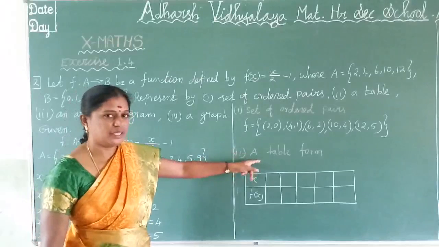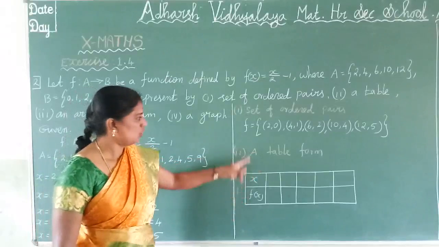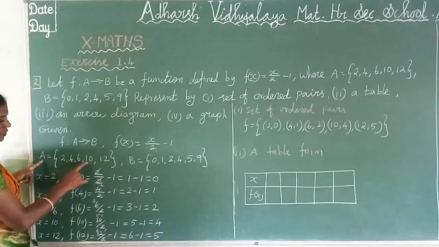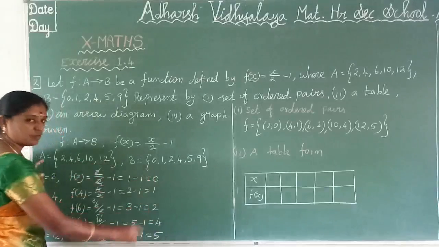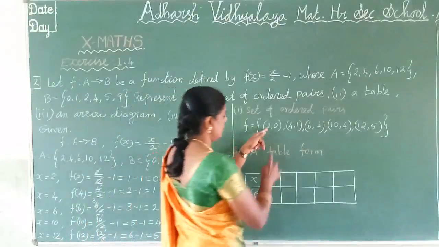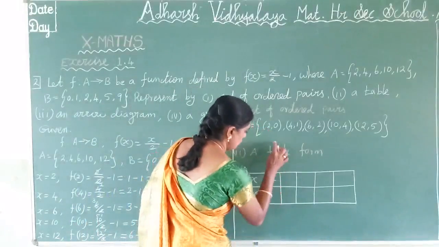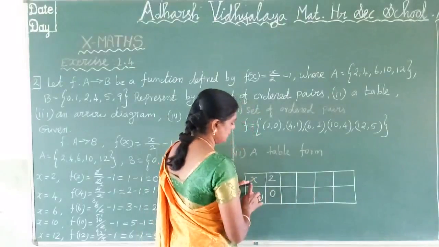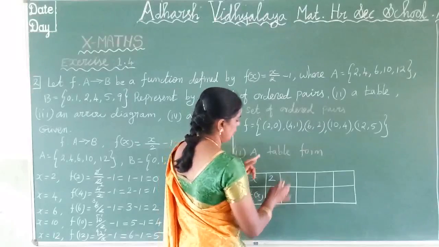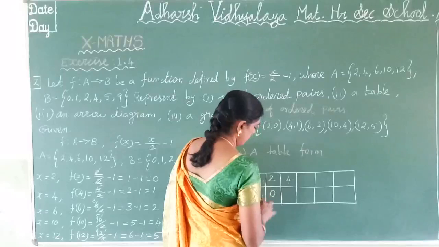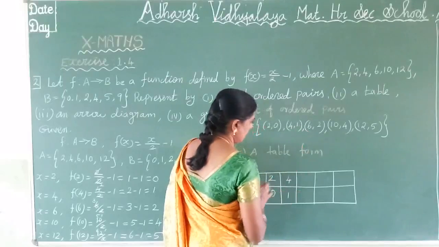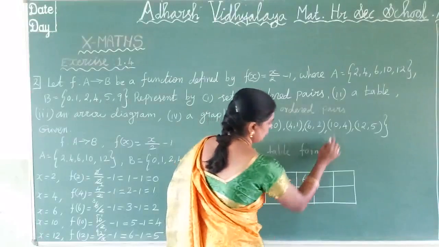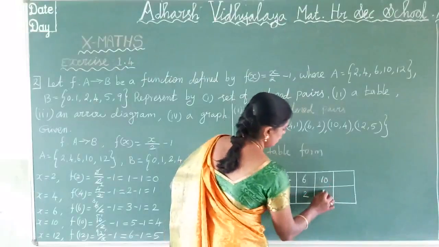Next one, table form. Table form means the x value and the f(x) value. Already we see that the x values are the domain values: 2, 4, 6, 10, 12. The answers are the f(x) values. x first and f(x) second. x = 2, f(x) = 0. x = 4, f(x) = 1. x = 6, f(x) = 2. x = 10, f(x) = 4.